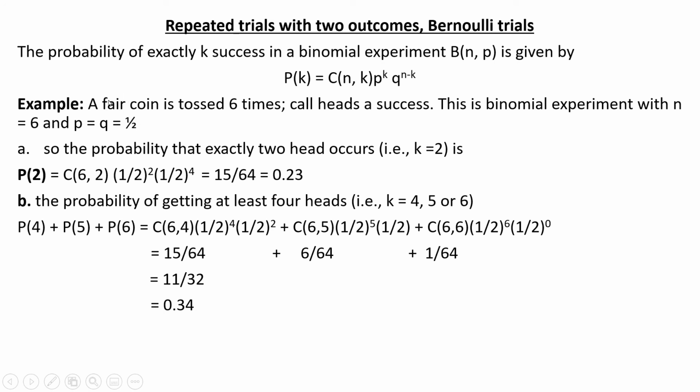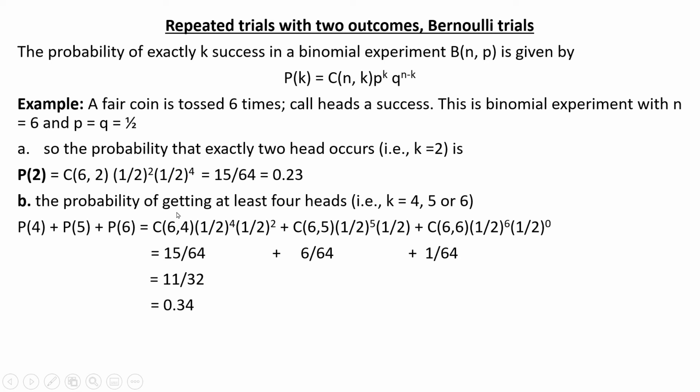To get the head, probability would be 1 by 2, and to get the tail, probability would be 1 by 2 also. So q equals 1 by 2 also. So the probability that exactly 2 heads occur, that is k equals 2, by this formula we get 15 by 64, that is 0.23.